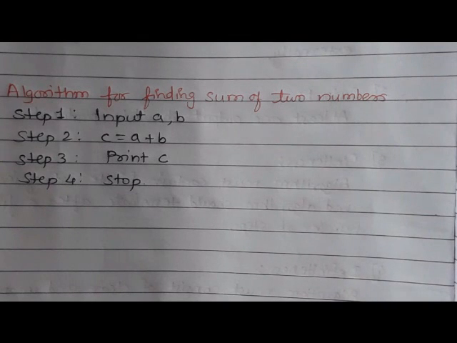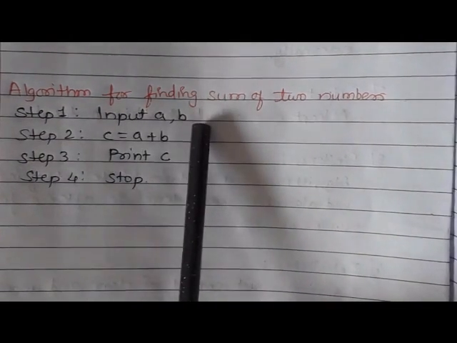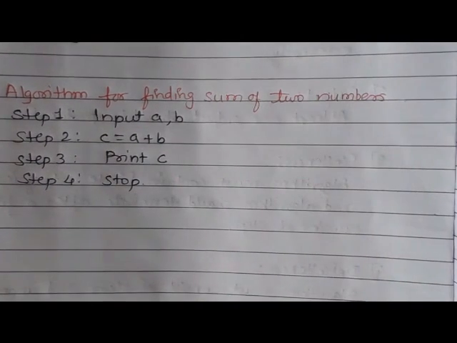First, we accept two numbers from the user and store them in memory. So we take the two inputs from the user, A and B. Here we have written step 1, input A, B. So this is our first step.